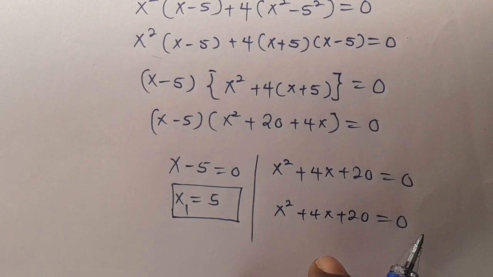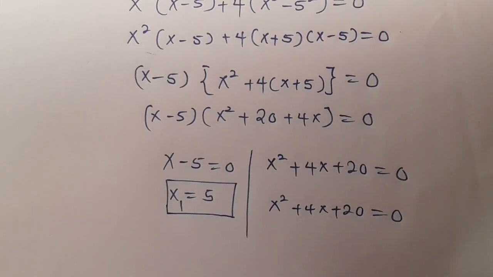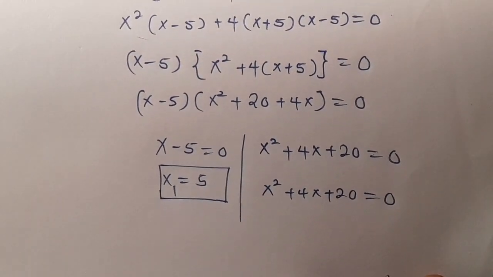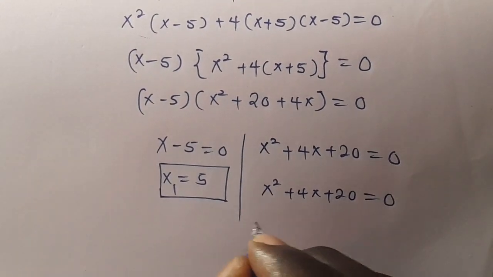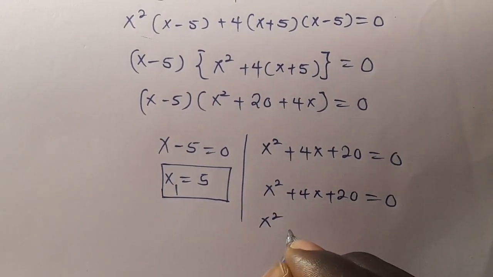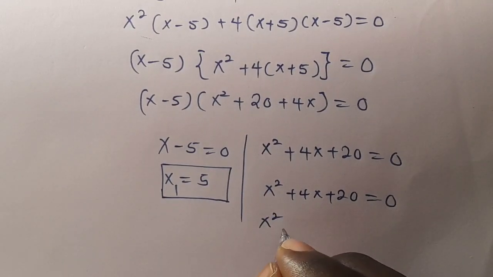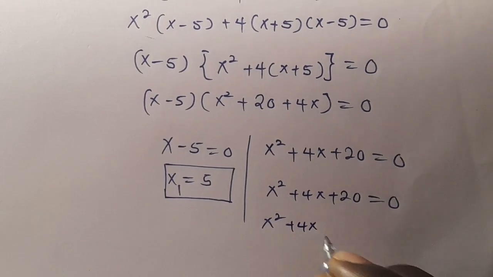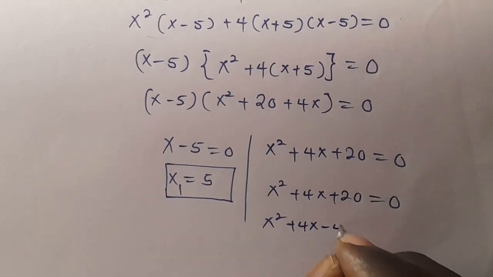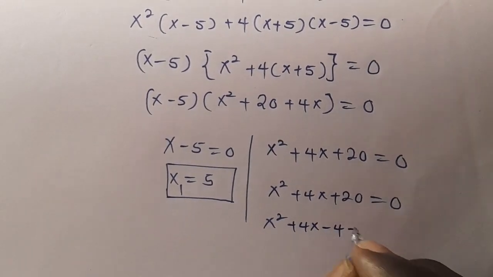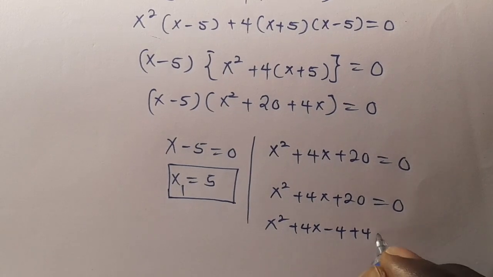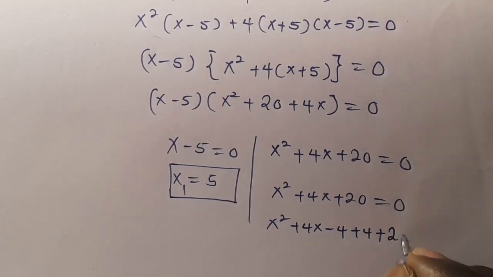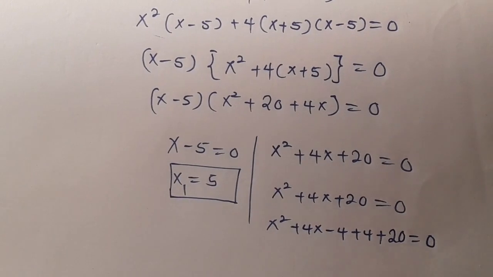Now guys, from here, let us use the completing the square method. When you have x squared plus 4x minus 4 plus 4, this minus 4 plus 4 will be 0. Once we cancel this, then let's add our 20 back, then we have everything equal to 0.